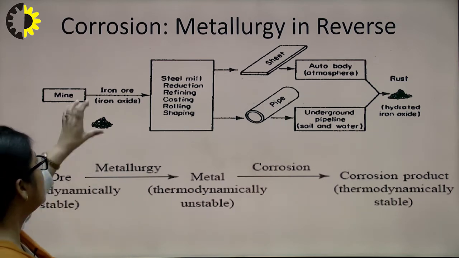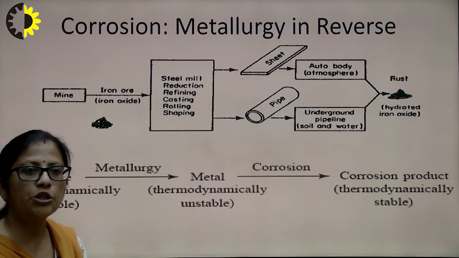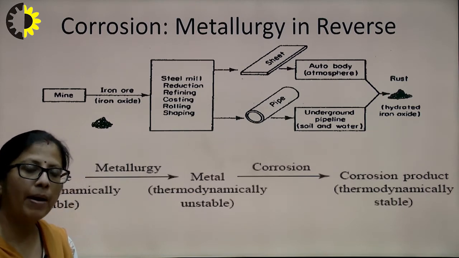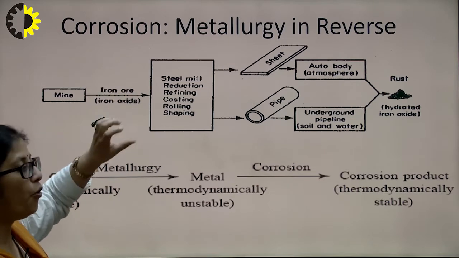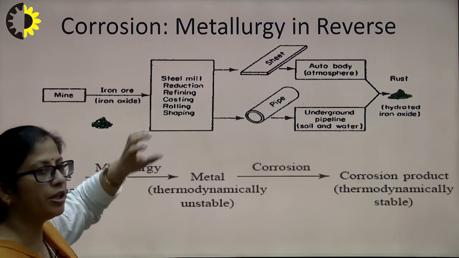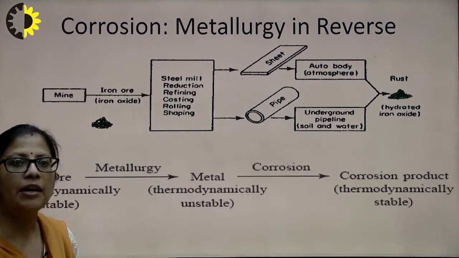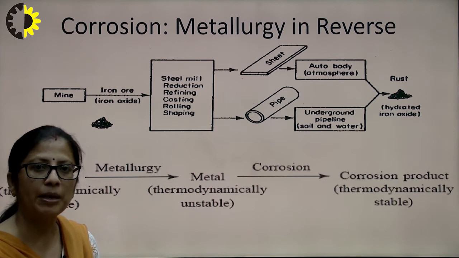So, iron in its ore is present in the form of either oxide or sulfide. But when we take out this metal from the ore, we do the extraction, we reduce it, refine it, then we roll it, and finally we give it different shapes.